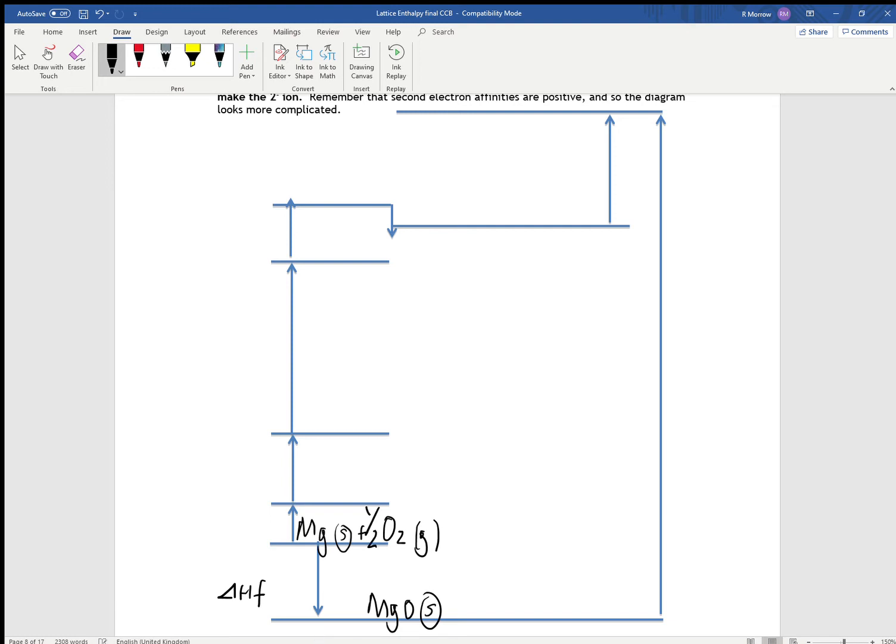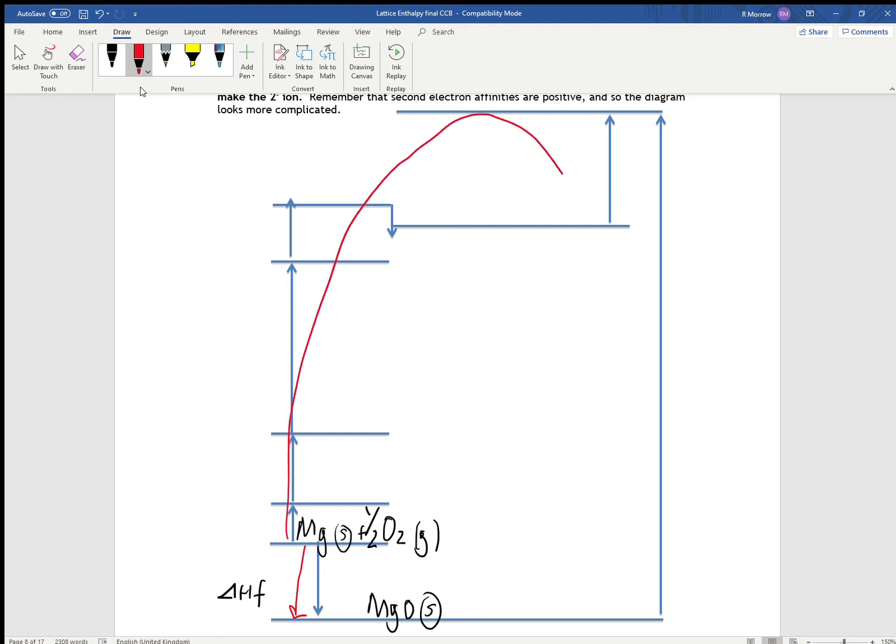It is a half O2. Some people might write Mg solid plus O gas. That's wrong because that would not have the oxygen in its standard state. So that's the enthalpy of formation. If we look at a Born-Haber cycle and compare it to Hess's law, this is exactly why the two things are comparable, except this is obviously for ionic compounds. We're starting there and we're going to there, but we're going via a different route.